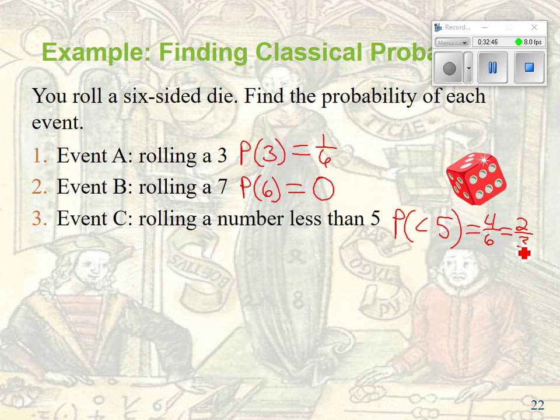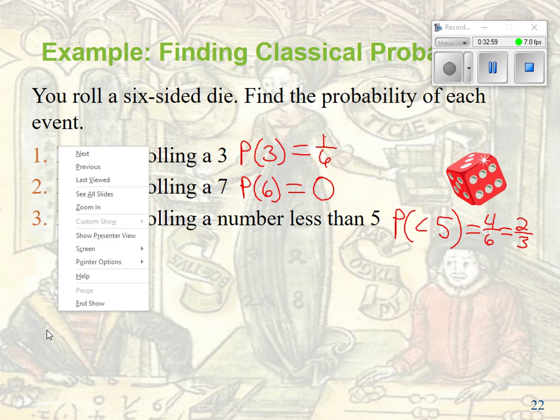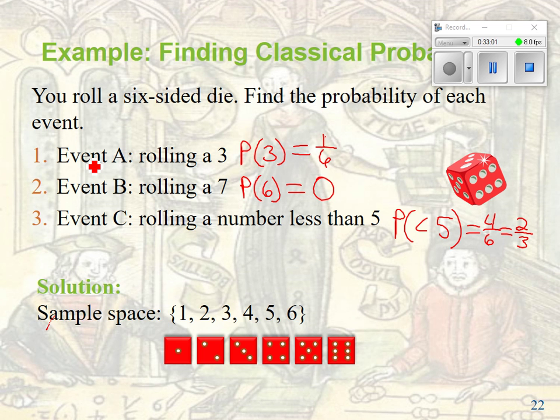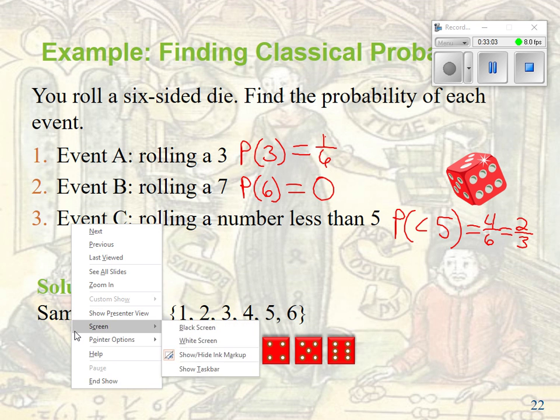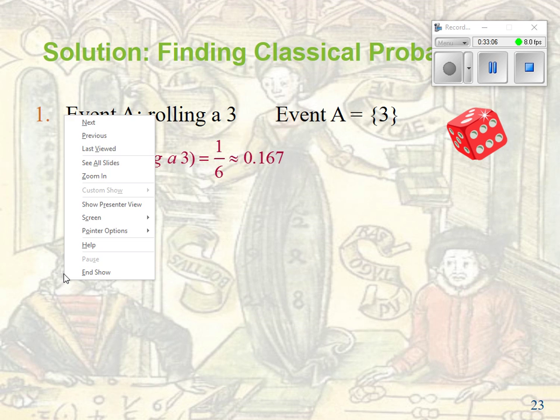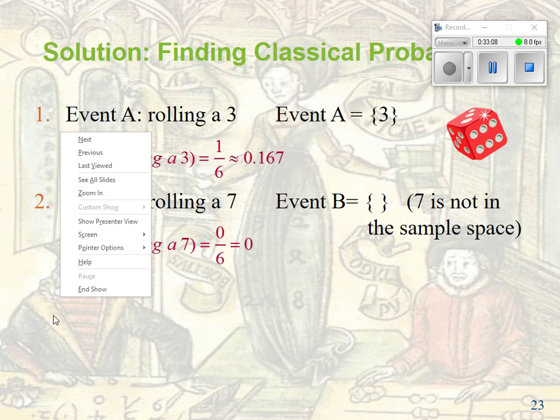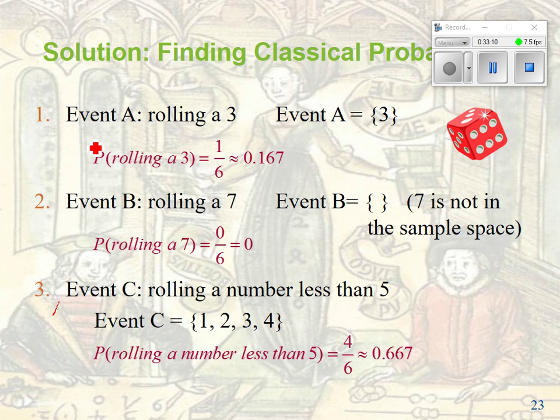We could change each one of those into a decimal or percentage, but on something like this, with those low numbers, it makes more sense to just say 1 out of every 6 times you're going to roll a 3. Our sample space is 6. Notice here, because this is this book, they changed everything into a decimal.